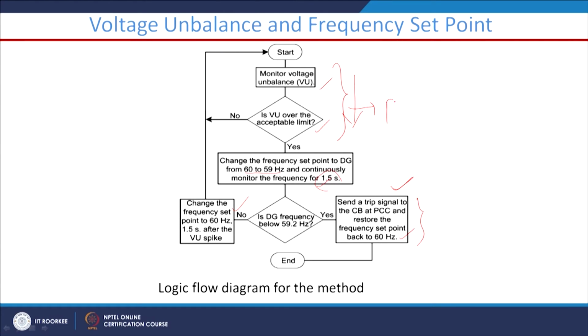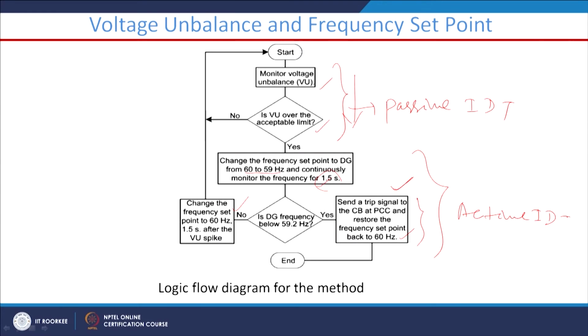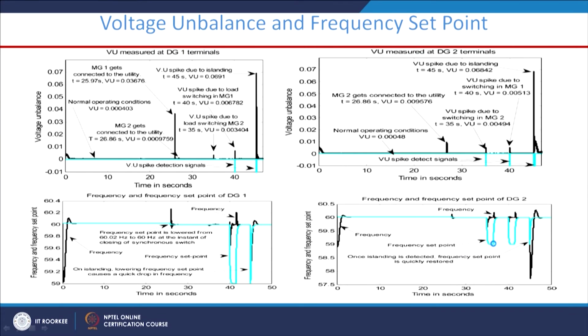In the hybrid technique, this part is our passive islanding detection technique, and this part is where we vary the frequency point of this particular DG system, which is our active islanding detection technique. Together they form the hybrid based IDT. Now, they have taken this particular system, and this is the result.